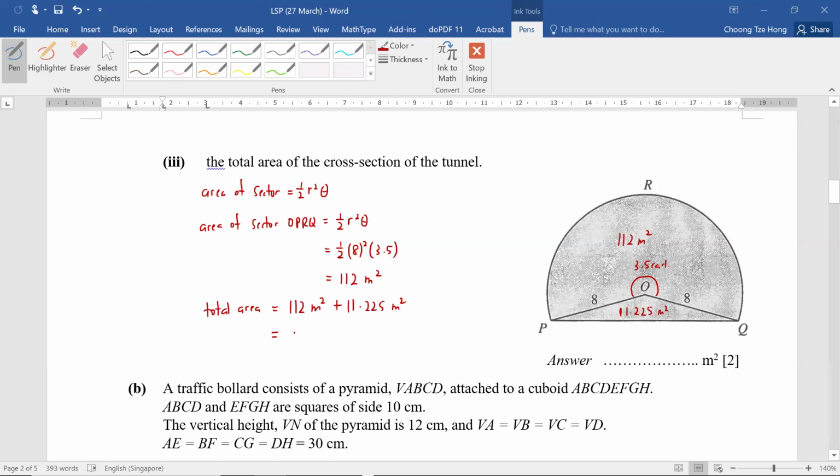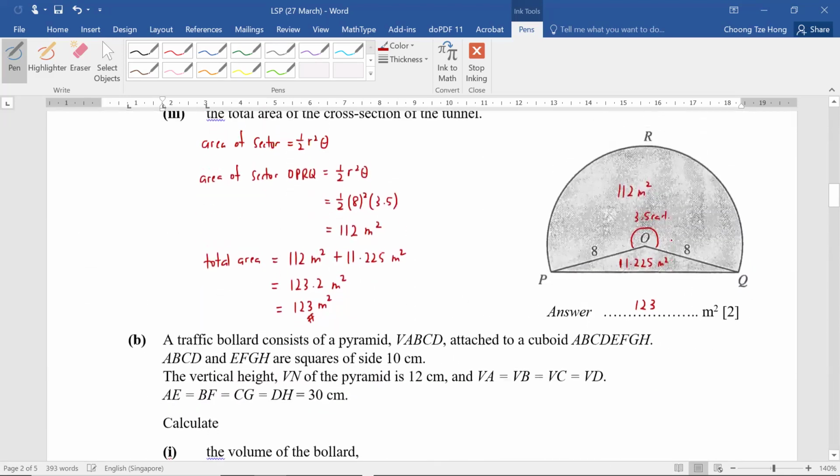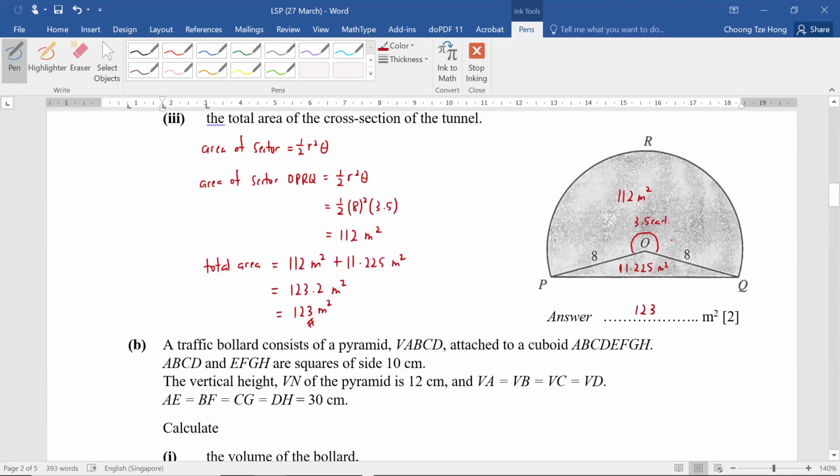That will give us an answer of 123.2 meters squared, so we round to 3 significant figures, 123 meters squared. So for the 3 parts we applied 3 different formulas. These are 3 very important formulas that you will definitely need to know for the O-level exams.